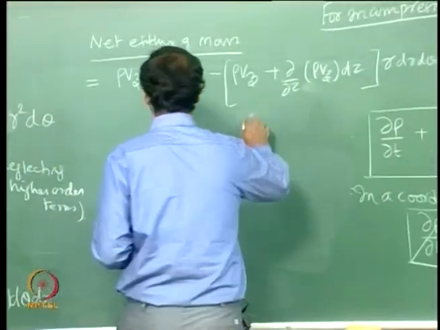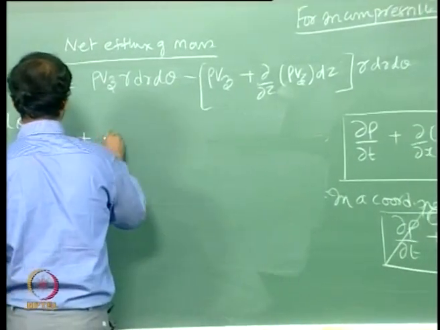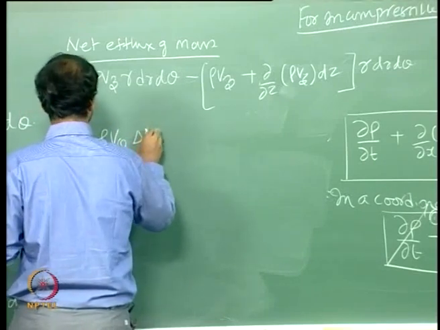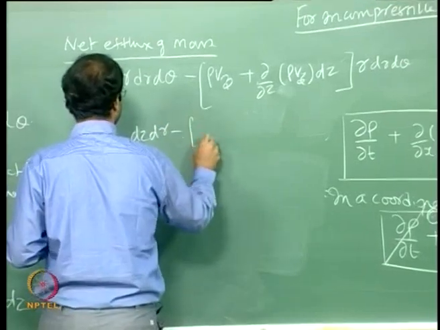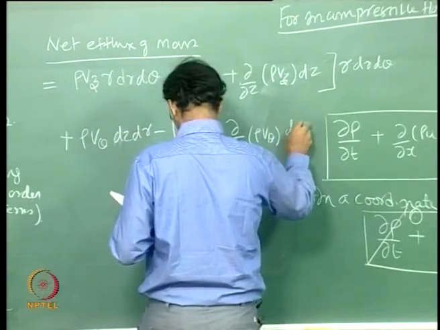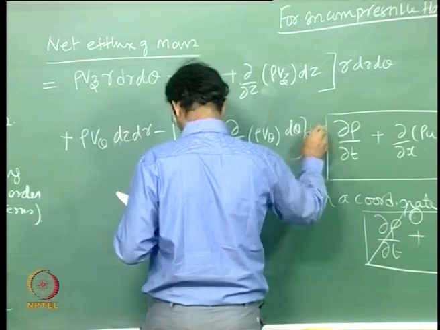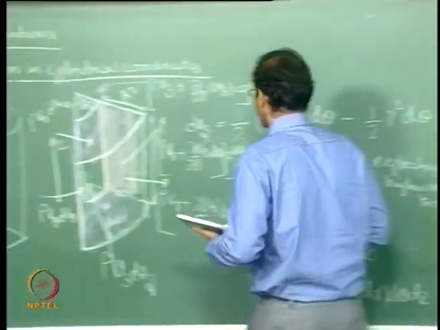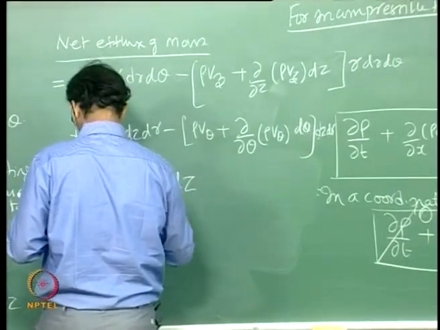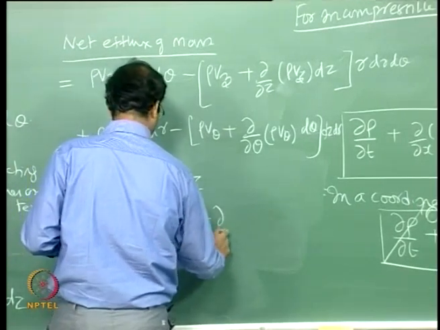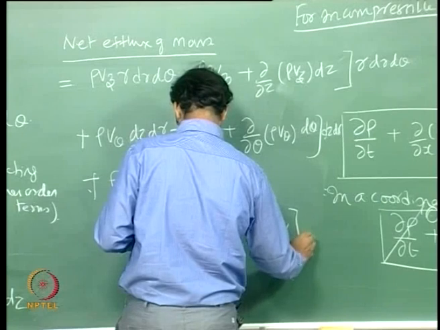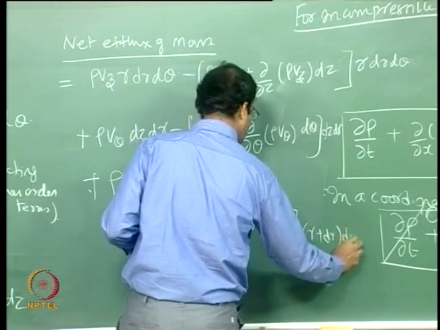Okay. So this is the net efflux of mass in the z direction, so that plus the net efflux of mass in the theta direction will be rho v theta into dz dr minus rho v theta plus d by d theta of rho v theta into d theta into dz dr, plus the net efflux of mass in the radial direction, which is rho Vr into r d theta into dz, minus rho Vr plus d by dr of rho Vr into dr multiplied by r plus dr into d theta dz.